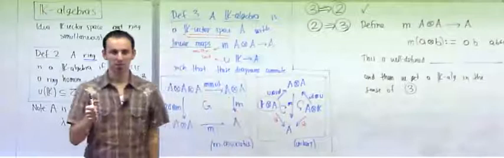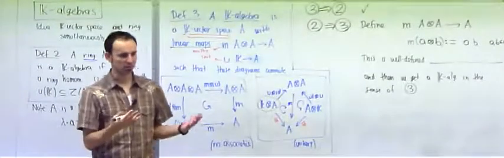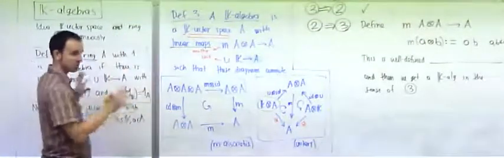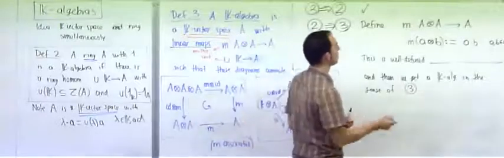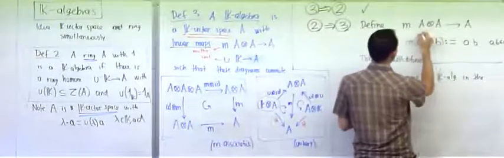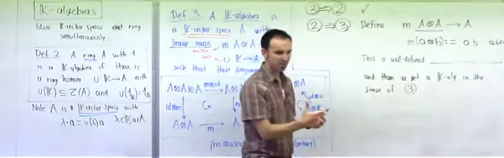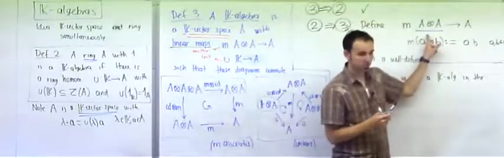But there's the key point. It's not that I'm brushing it off to the side. I want to actually put it in center stage because this is really important, and it is, how do you define a homomorphism from a tensor product to something else? Remember the way that we define tensor products.